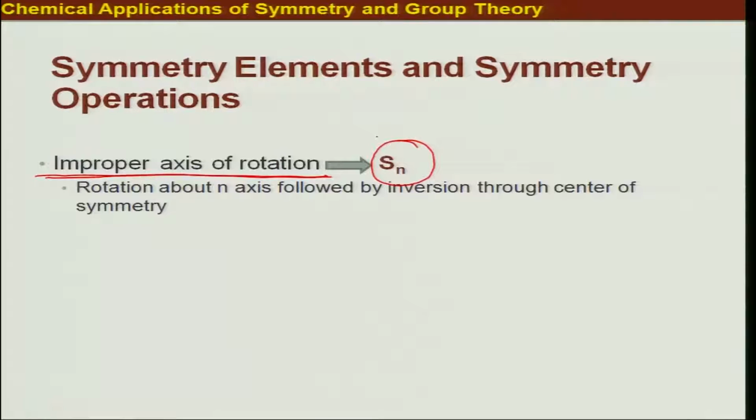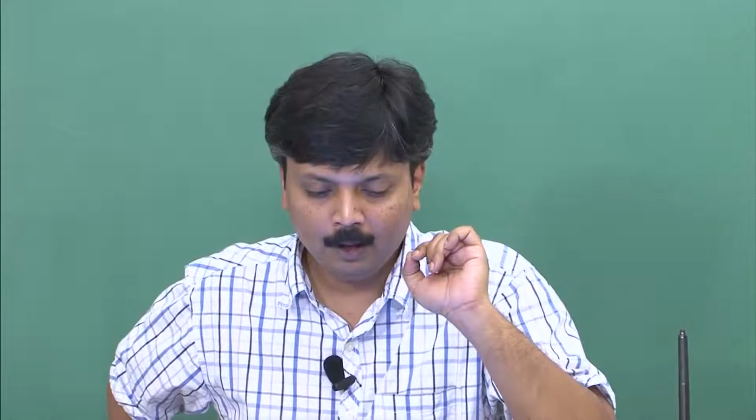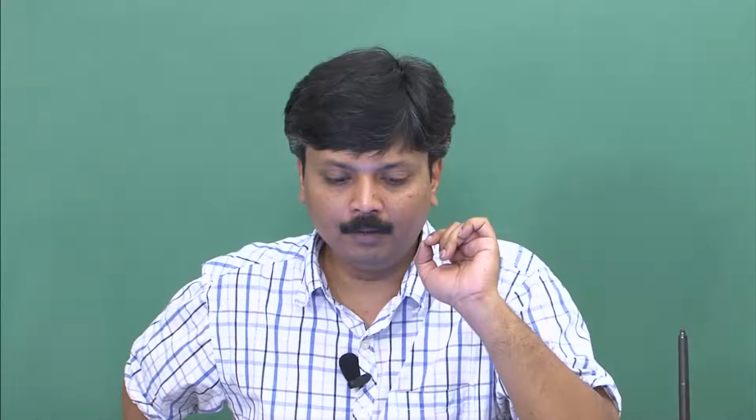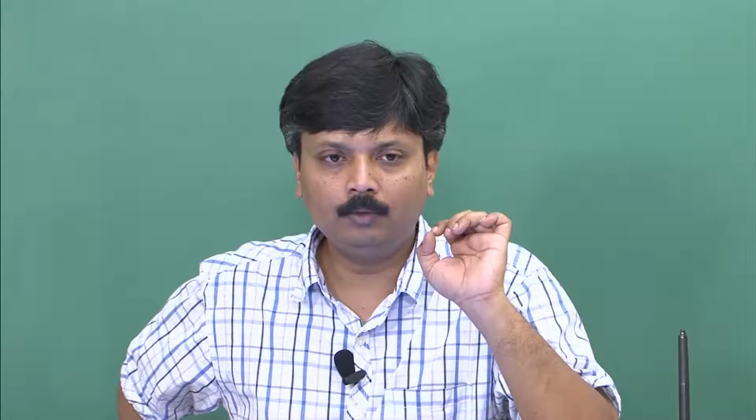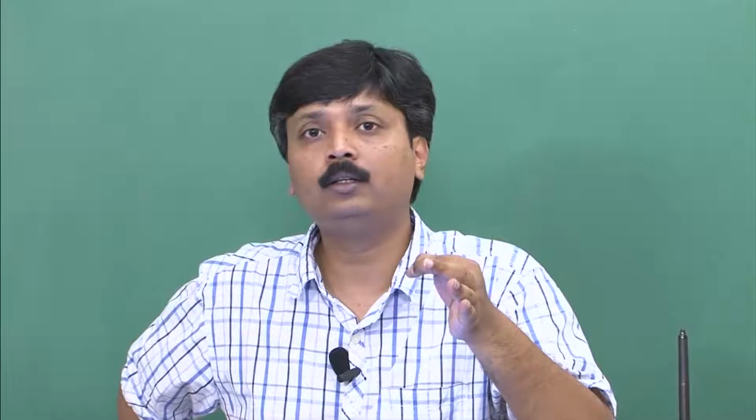So let's look at the definition of this improper axis of rotation. If I think about this particular operation first, this operation is not a single operation, but a combination of two operations, one rotation and one reflection. You take a molecule, and you can find an axis which may not be one of these Cn, that means it may not be along any proper axis of symmetry.